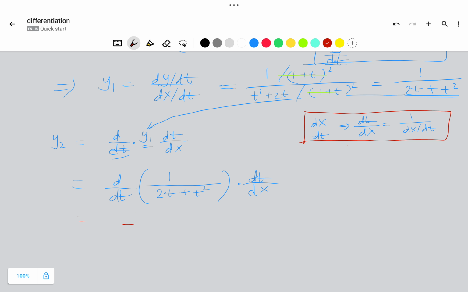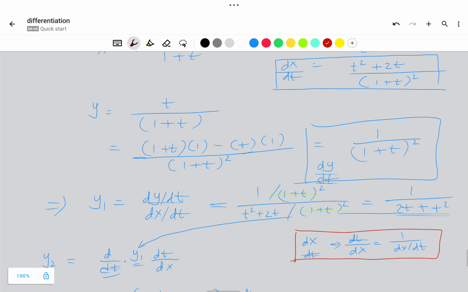So it is minus 1 upon 2t plus t square the whole square, into the derivative of the denominator, which is 2 plus 2t, and into dt by dx, that would be the reciprocal of our dx by dt.